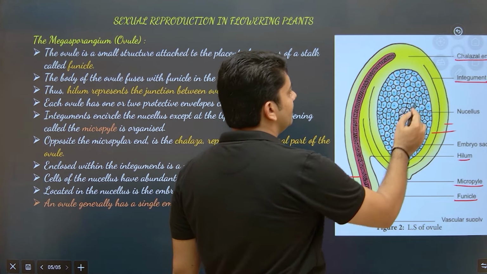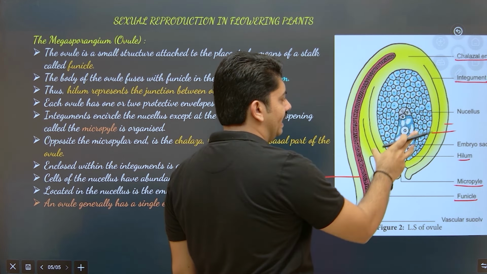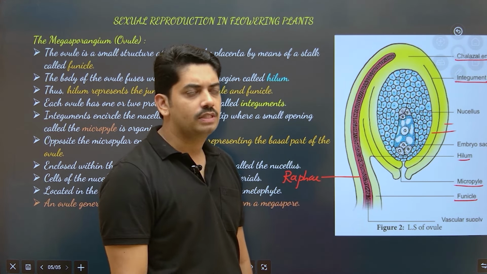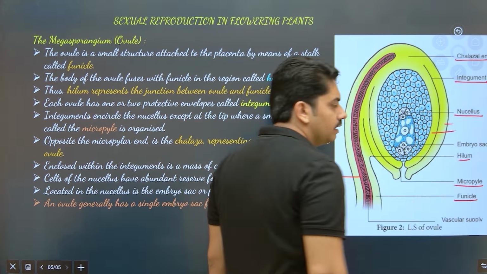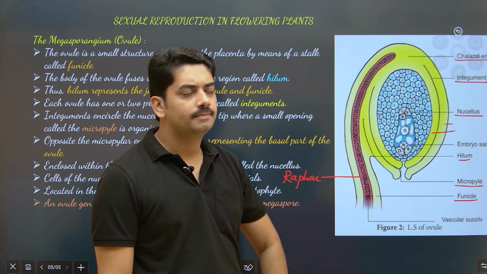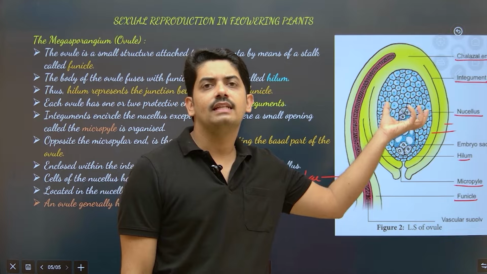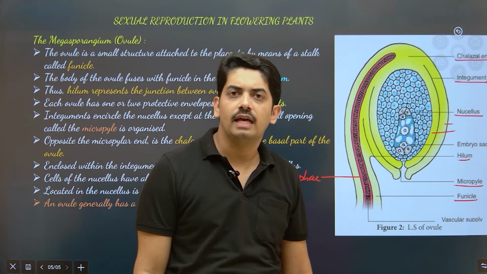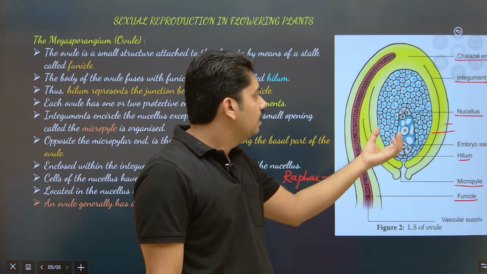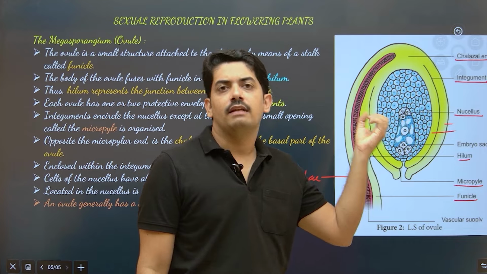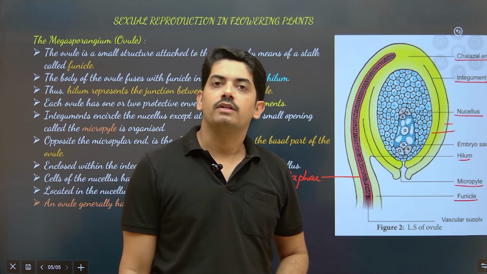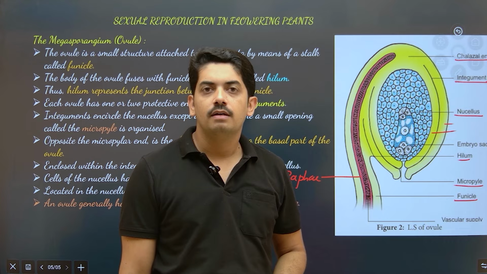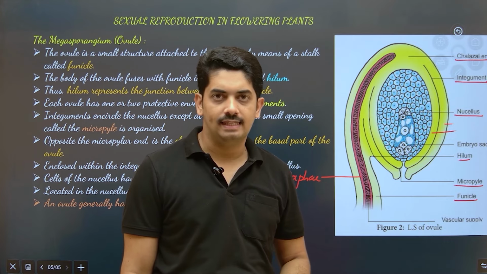Now inside, if you observe, there are so many cells. What are those actually? Nucellus. These nucellar cells act as nursing cells. They nourish the embryo sac. Here there will be sporogenous tissue again. They undergo mitotic division and form a megaspore mother cell.